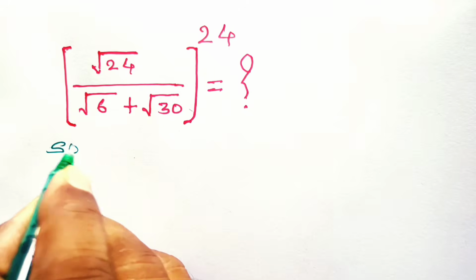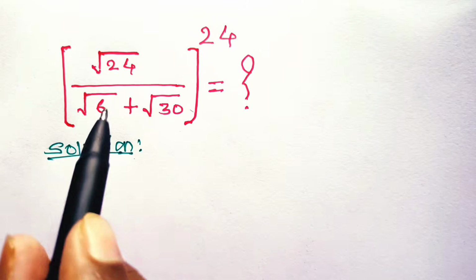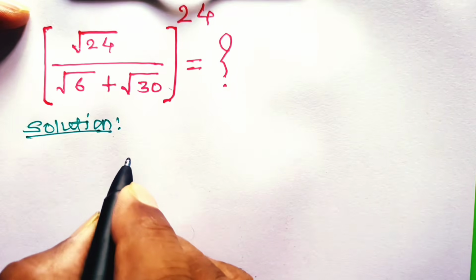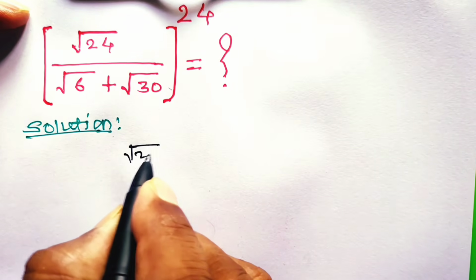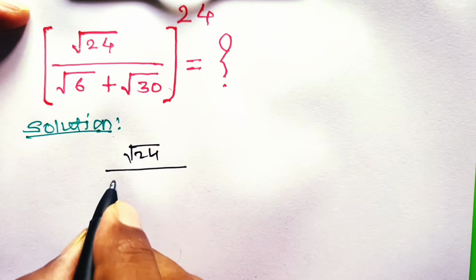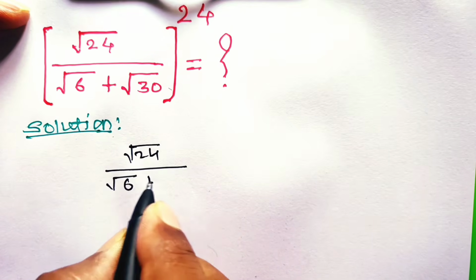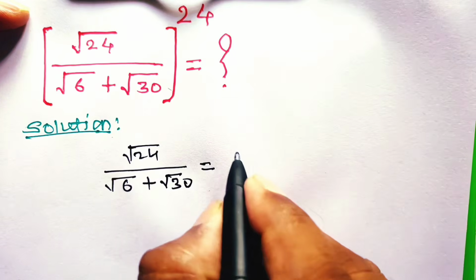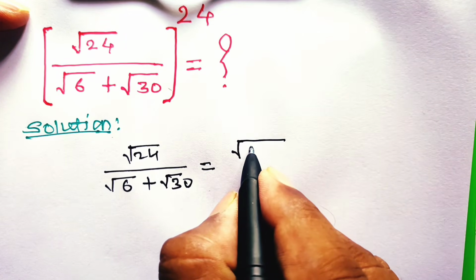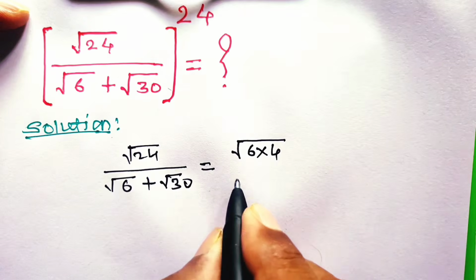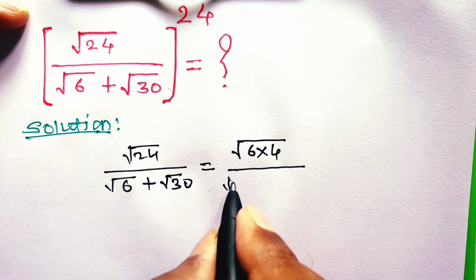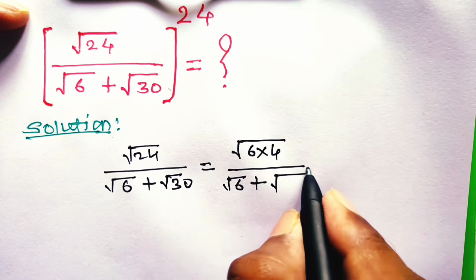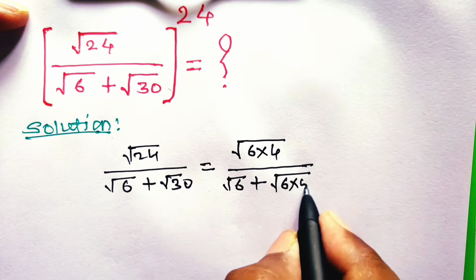Solution for this: first of all, find this number in a simplified form. So square root of 24 divided by square root of 6 plus square root of 30. This is equal to, we can write square root of 24 as square root of 6 into 4, divided by square root of 6 as it is, plus square root of 30 can be written as square root of 6 into 5.